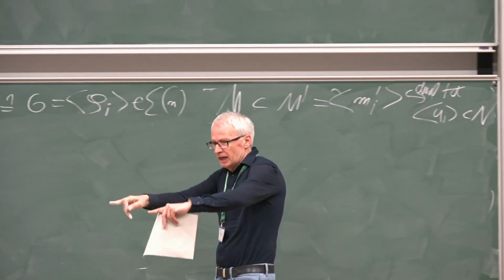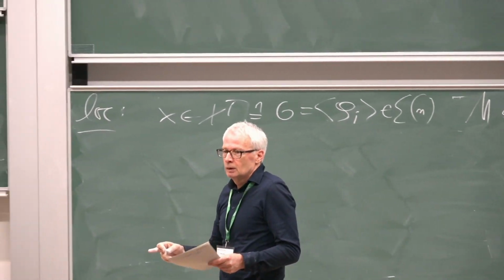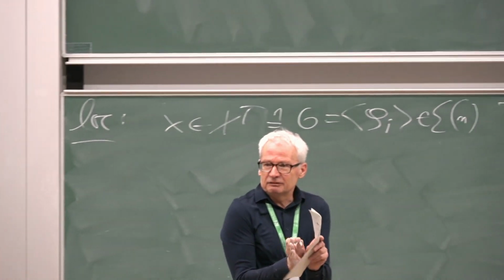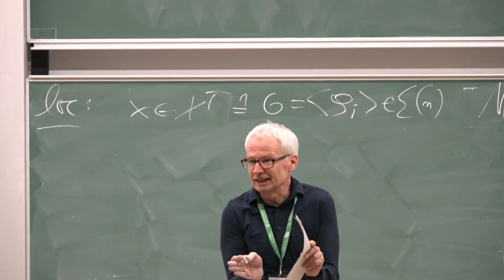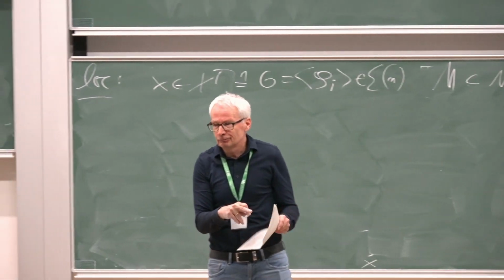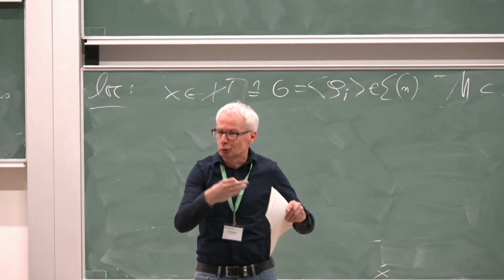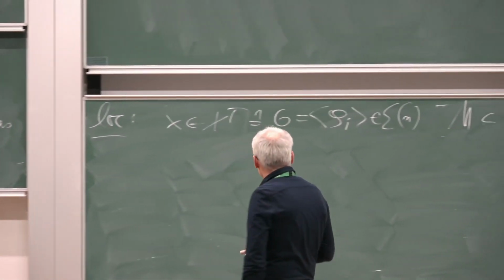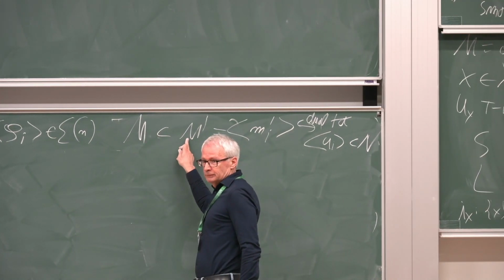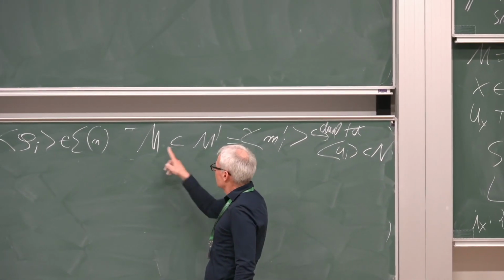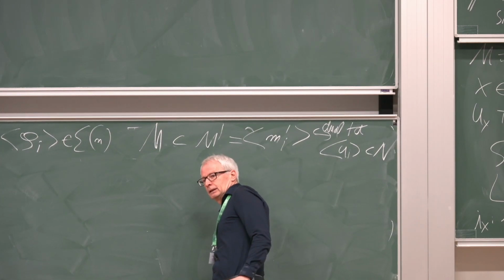So you have these ray generators, but it's not clear if they are bases of your lattice. So if you go to the dual, this can be bigger than the dual of the original. And that is what happens here. So this is slightly bigger, but it is of finite index. And in the smooth case, that would be an equality.